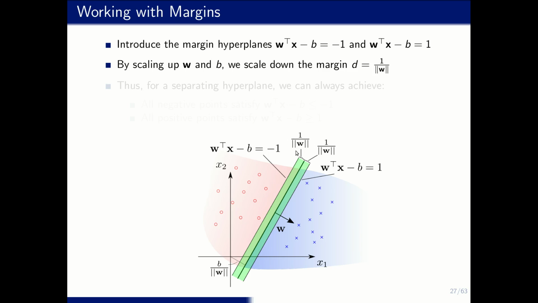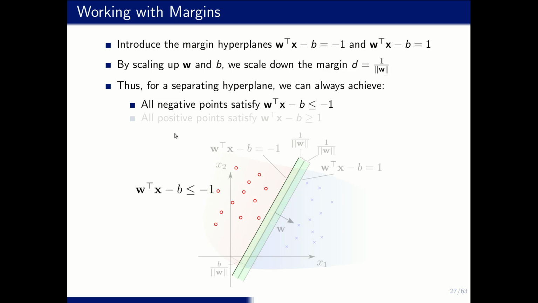This means if we already start with a separating hyperplane, then by just scaling up w and b, we can move these margin hyperplanes closer and closer to the separating hyperplane. At some point, by just scaling up w and b, we would also fulfill this constraint.